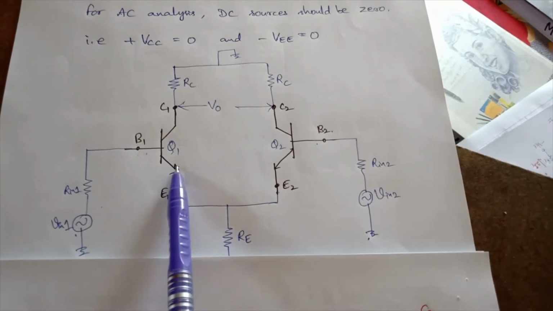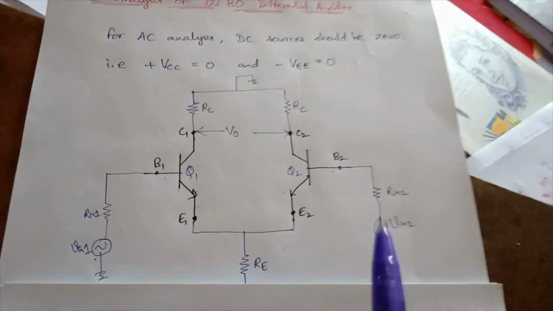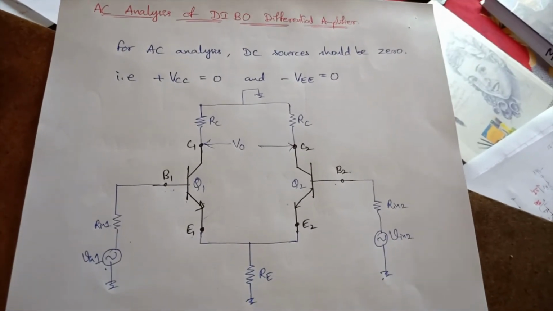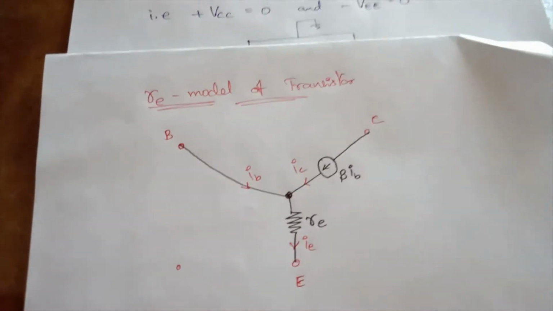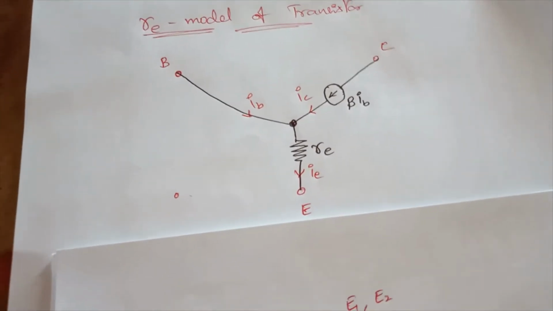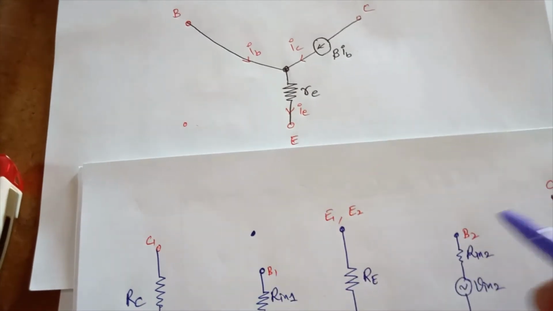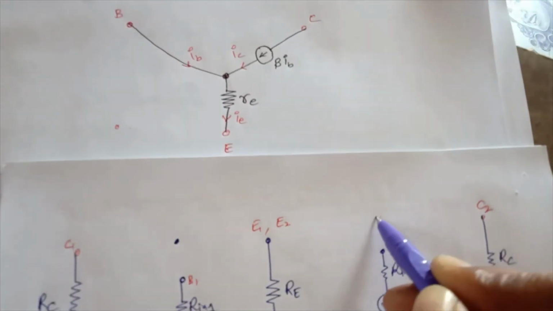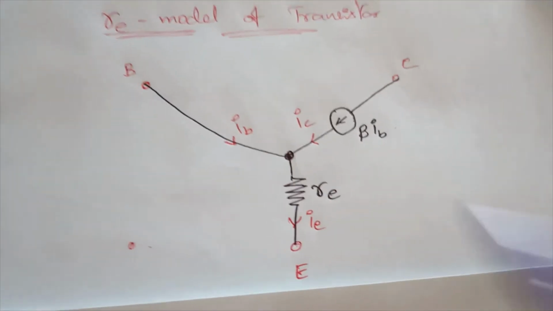equivalent circuit, the RE equivalent circuit of these transistors Q1 and Q2. So what is the RE equivalent circuit for these transistors? Consider a common point here. First, I am taking the base.